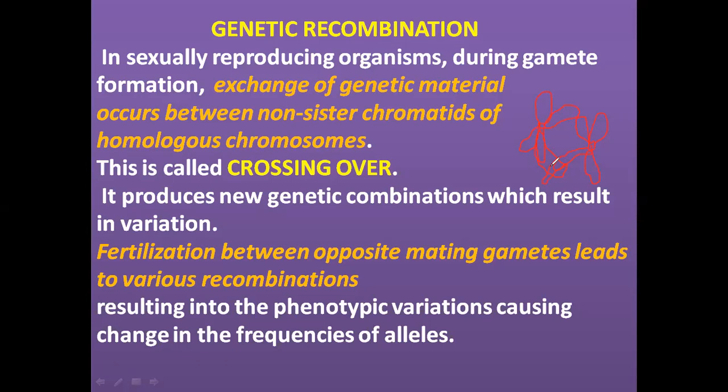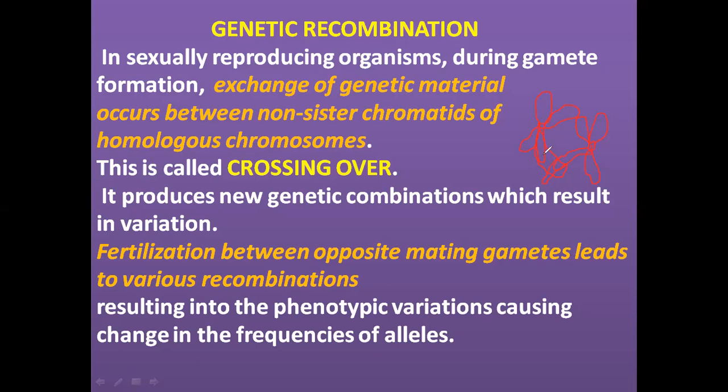Prophase 1 has different stages like leptotene, zygotene, pachytene, diplotene, diakinesis. During this stage, crossing over occurs. Due to crossing over, recombination or exchange of genes takes place from this patch of chromosome. The genes are transferred to this chromatid, and in this way exchange of genes takes place.